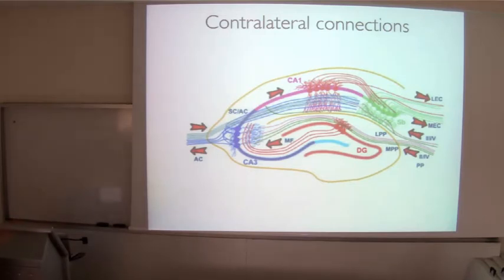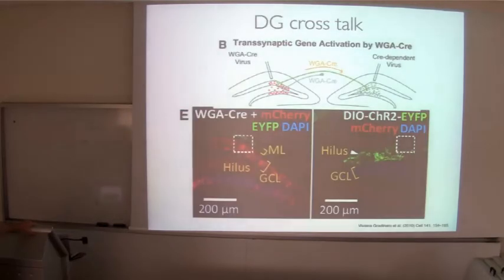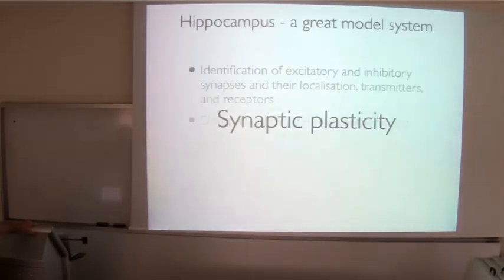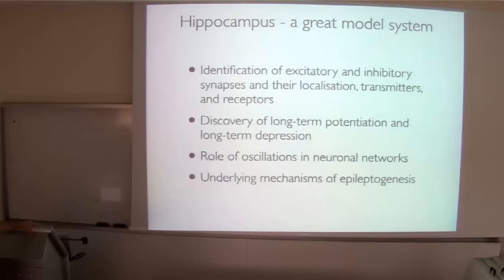To get that in cortex, forget it. There's no way. So this is why it became so popular. And indeed, some of the most important discoveries were done in the hippocampus. For example, the fact that in EM you have symmetric and asymmetric synapses. The symmetric synapses are the inhibitory ones, and the asymmetric are the excitatory ones.